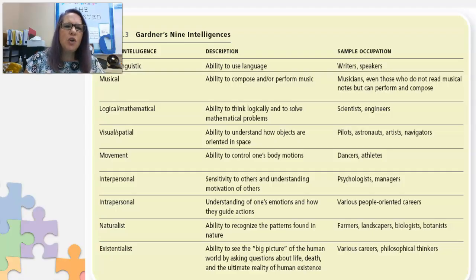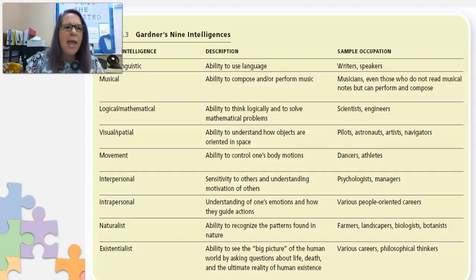The potential problem with Gardner's is that it is such a well-liked theory that it is used quite often, particularly in education. And it's used like an exclusive type of intelligence. You guys have probably taken some sort of multiple intelligence quiz. Teachers like to do it as a getting-to-know-you thing in the first days of school.